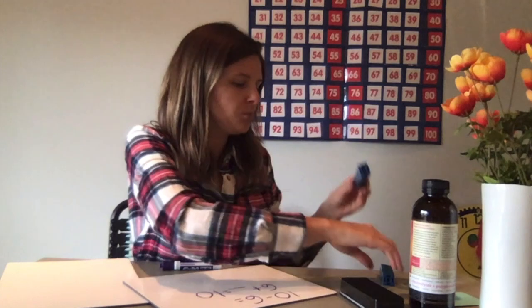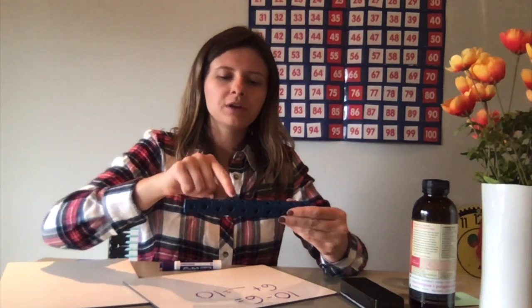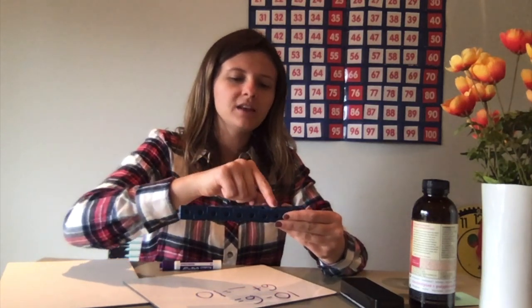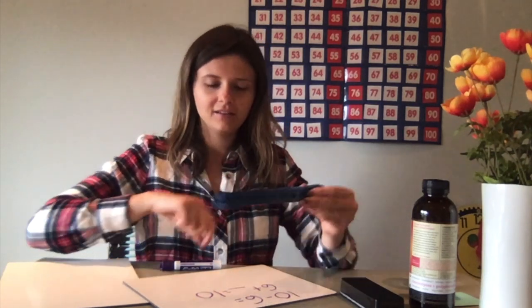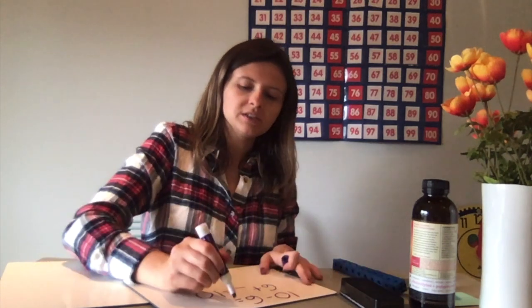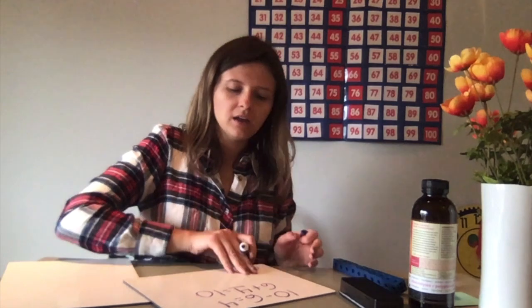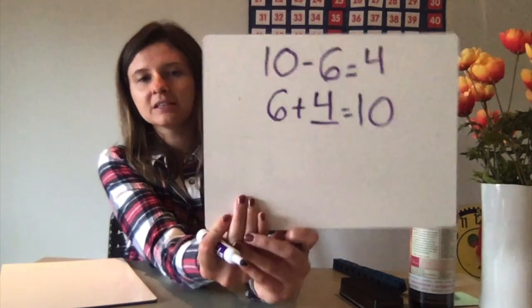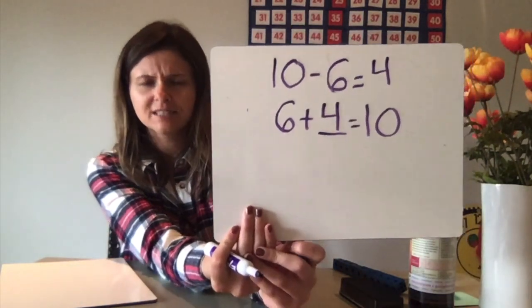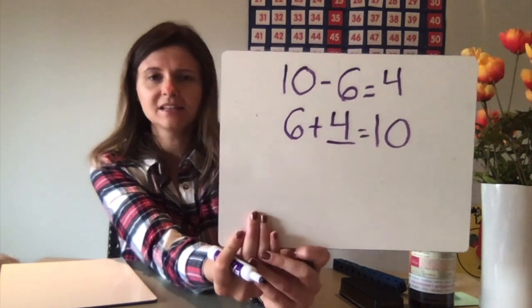I need 4 more. Let's try that. If I add 4 more on, 1, 2, 3, 4, 5, 6, 7, 8, 9, 10. So 10 take away 6 is 4, and 6 plus 4 equals 10. Does that work? Yeah, it does work.